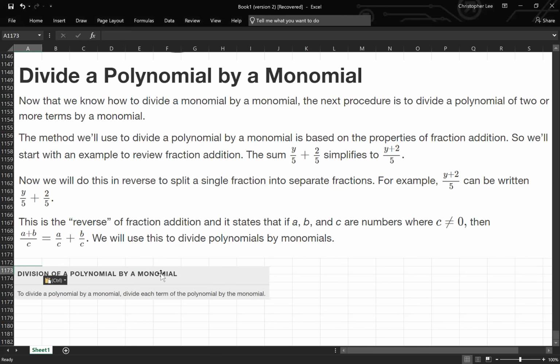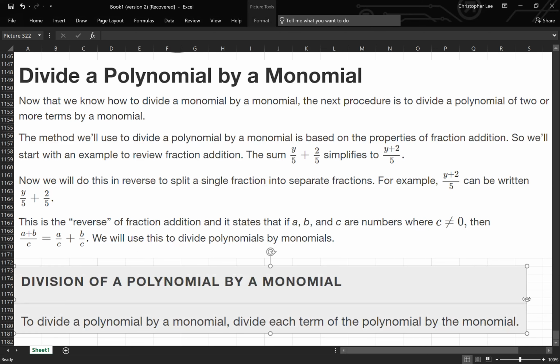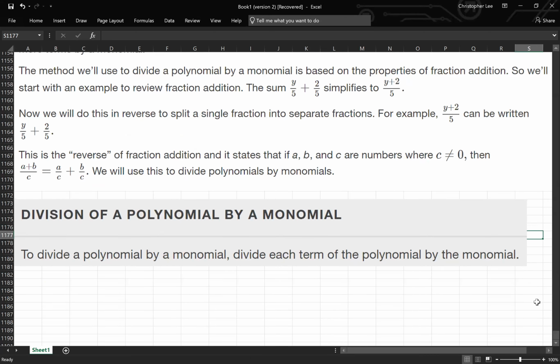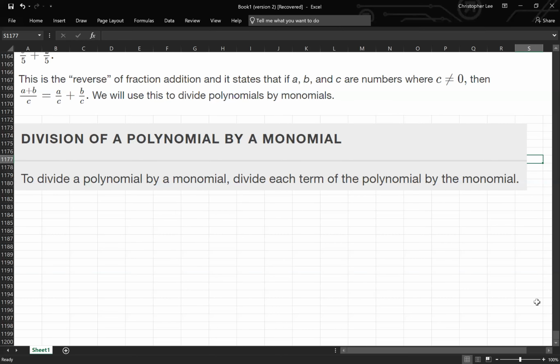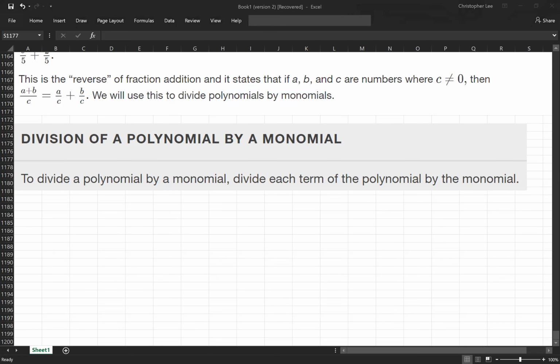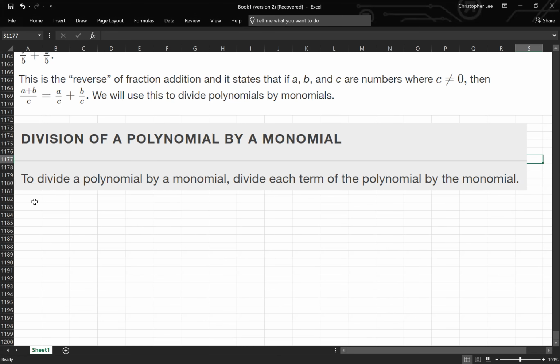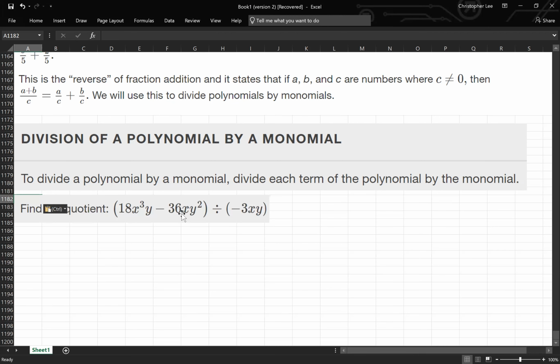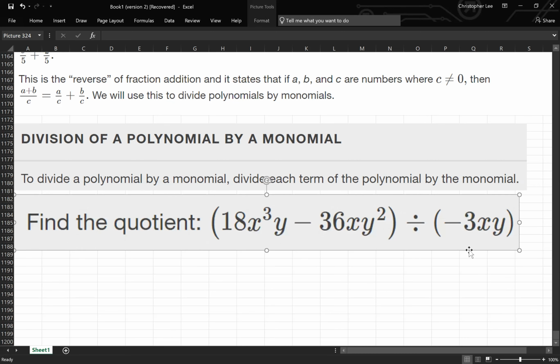All right. So division of a polynomial by a monomial. To divide a polynomial by a monomial, divide each term of the polynomial by the monomial. Let's take a look at an example. So I want to find a quotient of this, right?